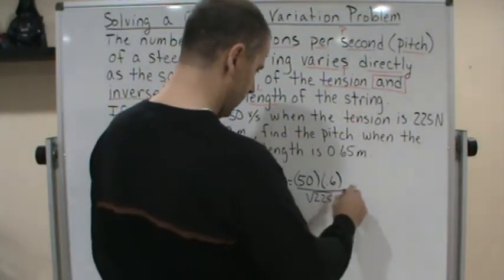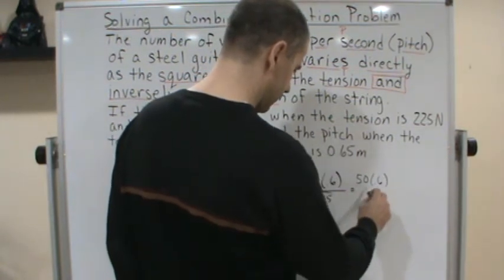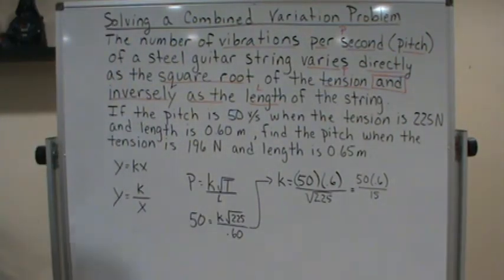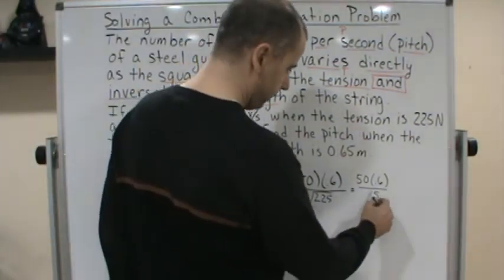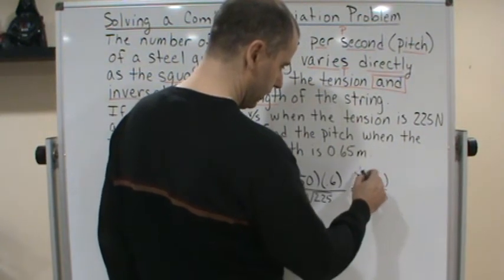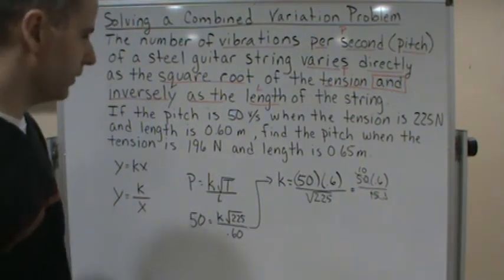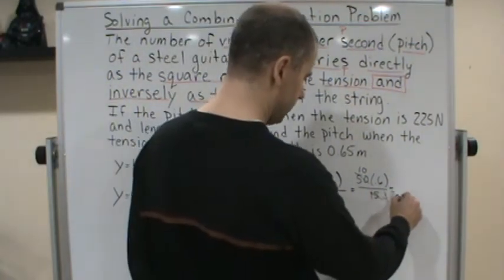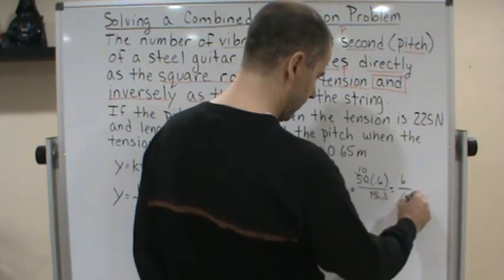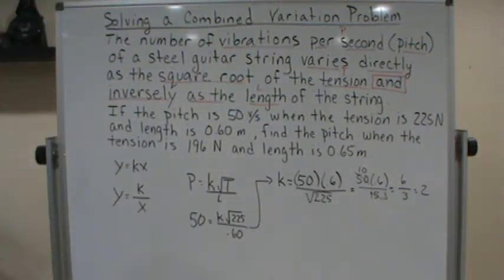So this gives us 50 times 0.6 divided by 15. 5 goes into 50 and 5 goes into 15. Now this is easy. This gives us 10 times 0.6 is 6, divided by 3, which equals 2. So k is 2.